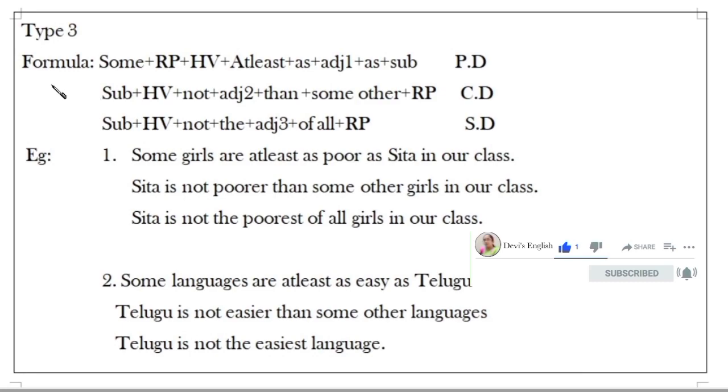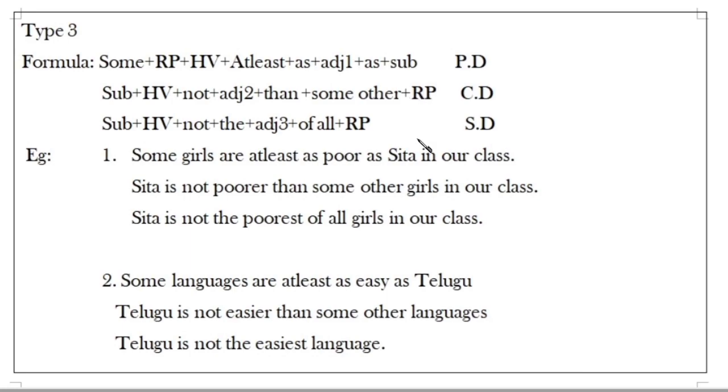First, I will talk about this formula. Positive degree: some remaining part of the sentence, helping verb, at least, as, adjective 1, as, subject. Comparative degree: subject, helping verb, not, adjective 2, than, some other remaining part of the sentence.